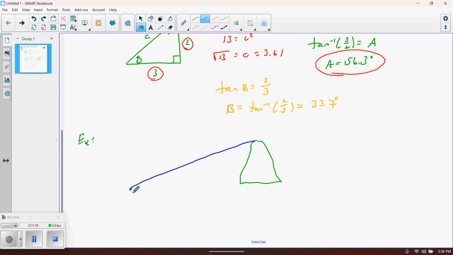We know there's a specific distance over here to the center of the mountain, and we know that there's a specific height associated with the mountain. What we're going to be looking for in this particular problem is the angle of elevation of this slope or ski lift or whatever it is. It's either coming down or going up the mountain.